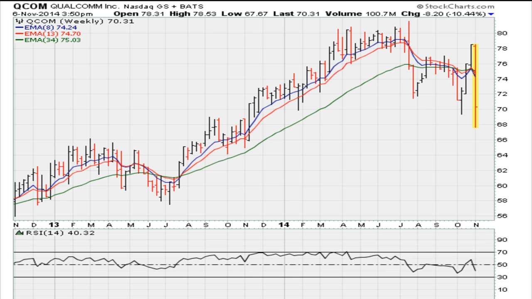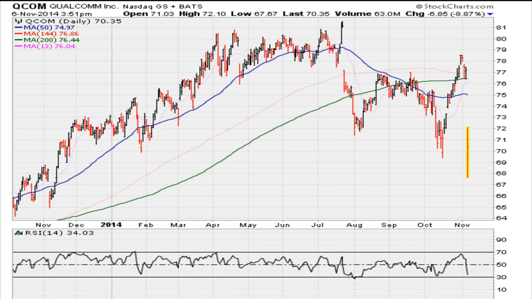Let's take a look at the daily for Qualcomm. On the daily, what we are trying to figure out is whether we would have been able to avoid this drop. So we come and find that the high took place. This is the high, and the high comes from the previous, if you draw the line like that.